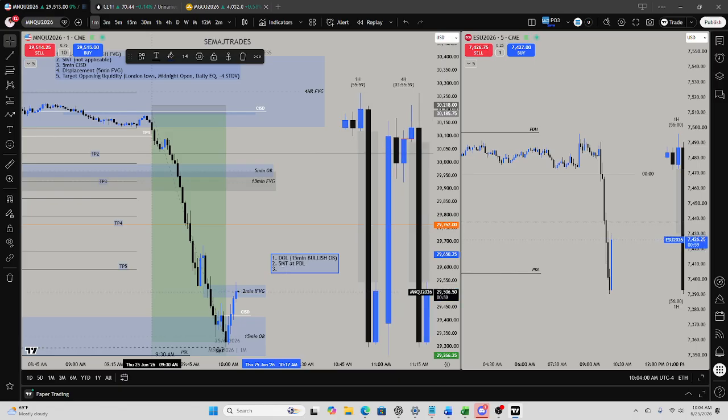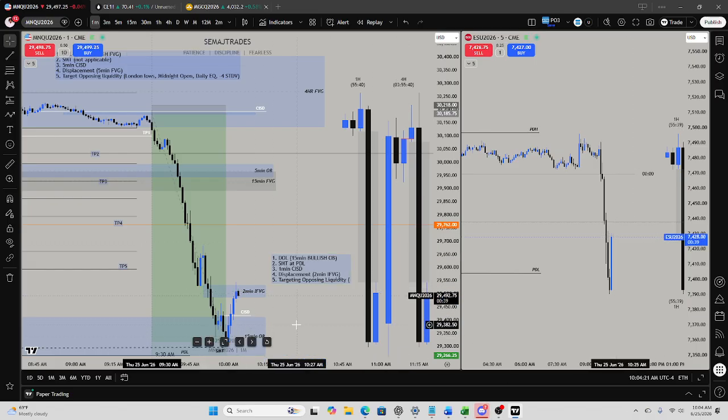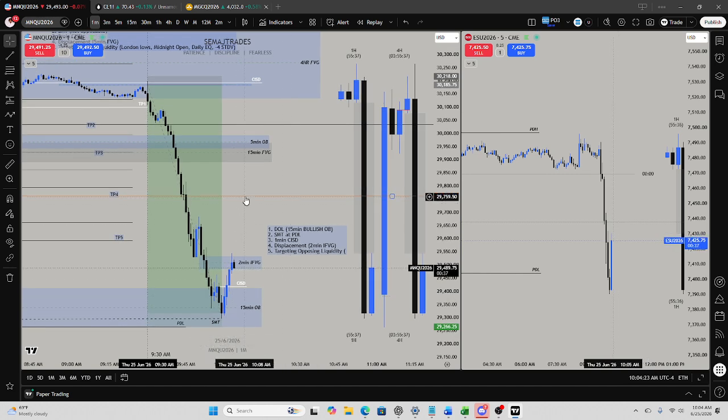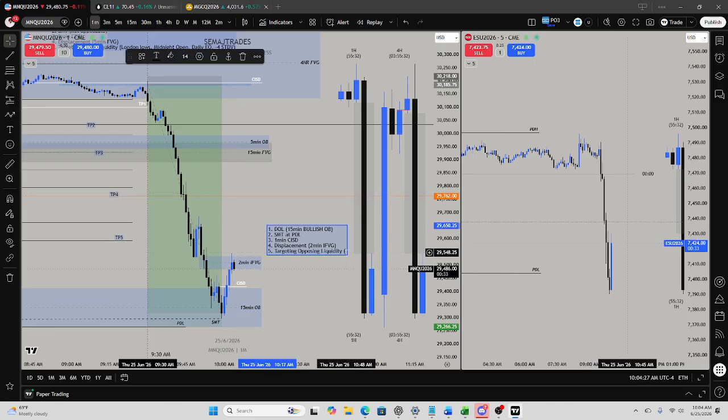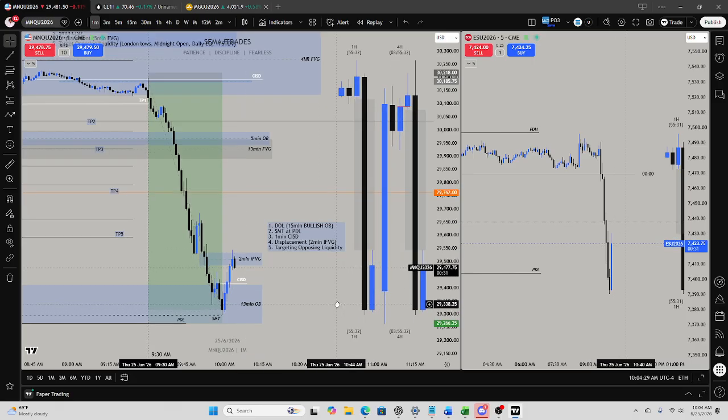So we've got the 1-minute CISD. 4, displacement. Want to see this 2-minute inverse. 5, targeting opposing liquidity, which is to the upside, right? We can target back to the equilibrium of the daily. We'll see how this plays out.